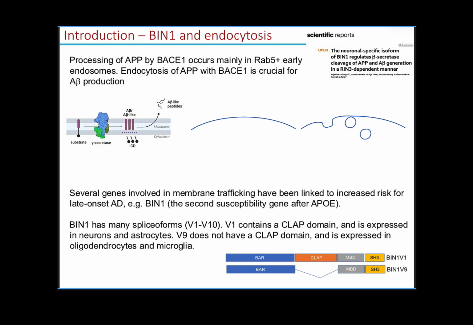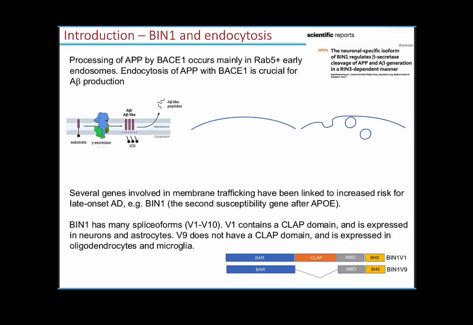So when it comes to sporadic Alzheimer's disease, that form of Alzheimer's disease that is not familial, that is not related to mutations in genes, BIN1 is the second to ApoE to show a significant association with developing Alzheimer's. So there's been a lot of interest on what BIN1 does.